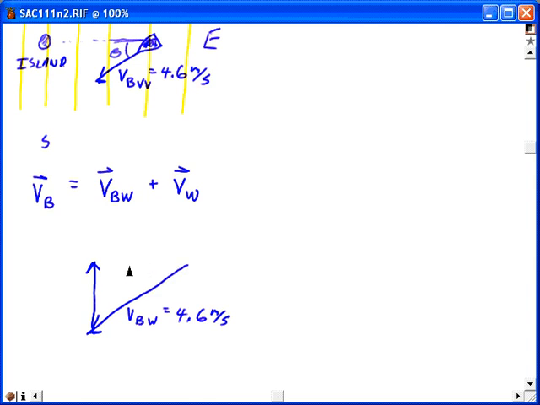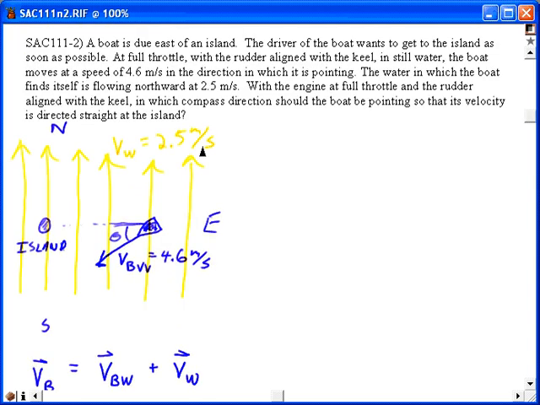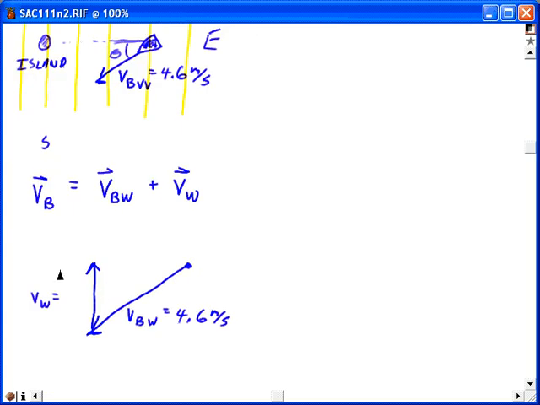I drag it up so that it's even with the starting position for my vector diagram, because I want the resultant to come out to be due west, which would be the direction directly toward the island. This is the velocity of the water, and it's 2.5 meters per second.